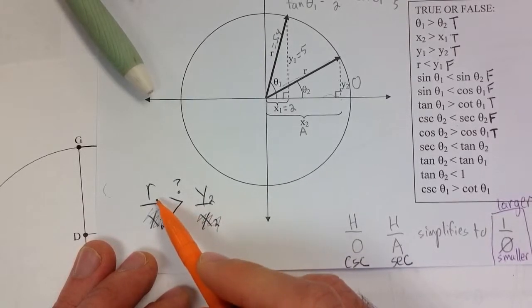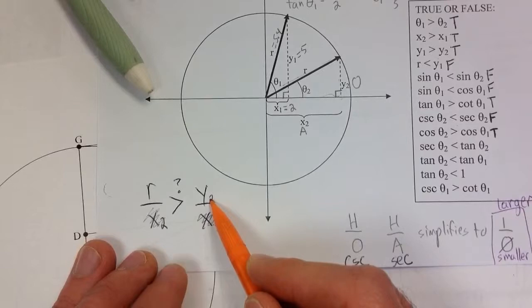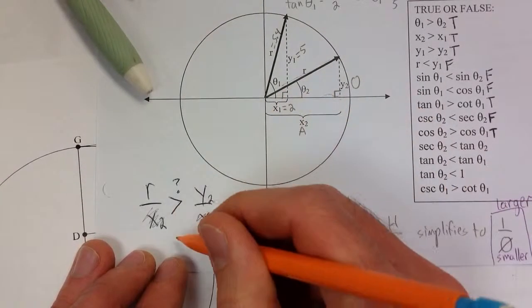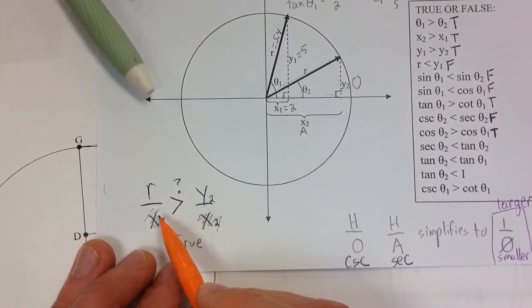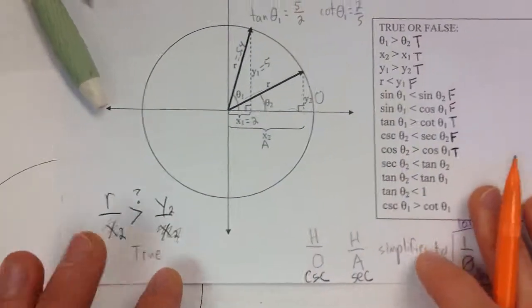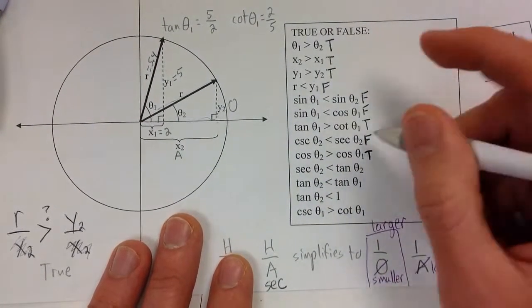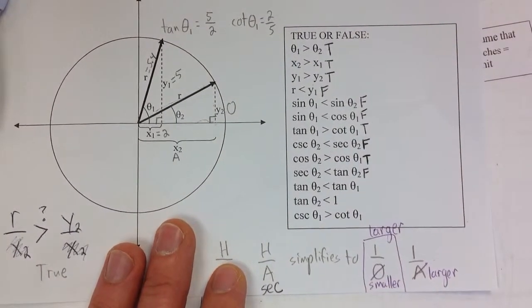And then ask yourself, is r greater than y2? It's got to be, because it's a hypotenuse. Yeah. So this is a true statement that secant will be greater. But when you look at this statement, it says that it's less. Remember, a big part of math is just learning how to think, thinking deliberately and clearly.